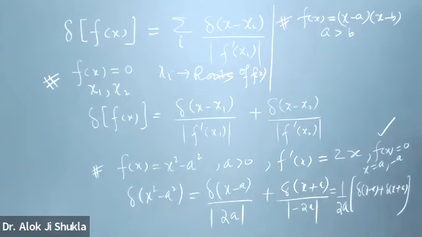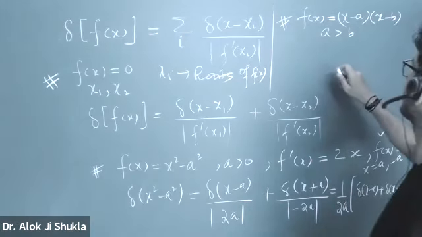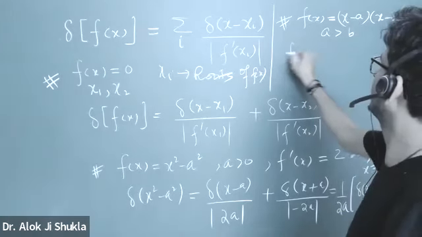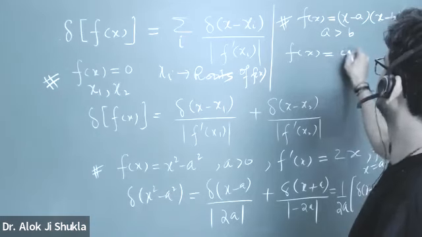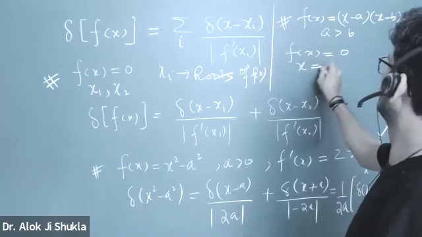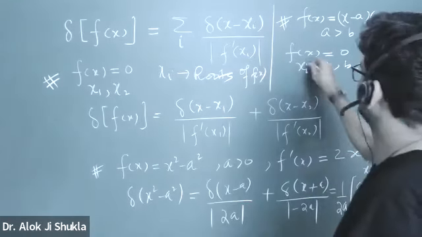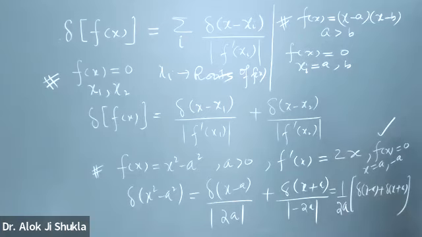Let us calculate this. What is f(x) equal to 0? x is equal to a, b. These are the values of xi's. Yes or no?